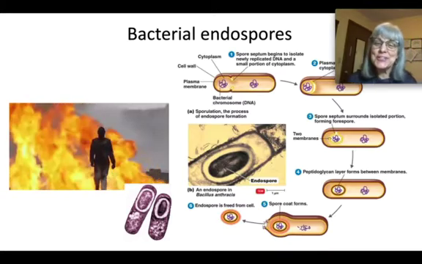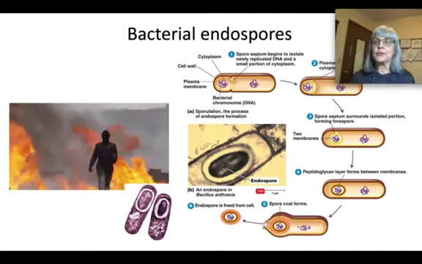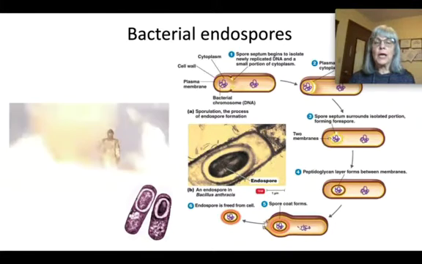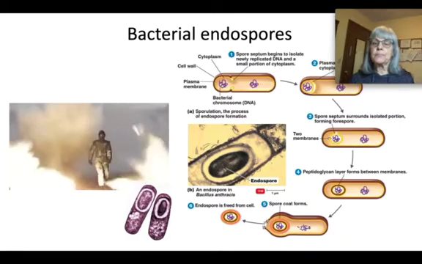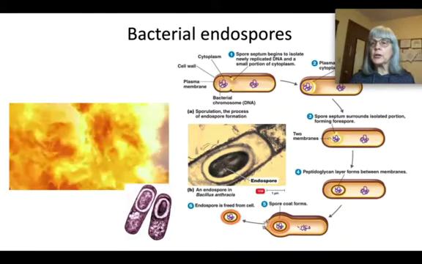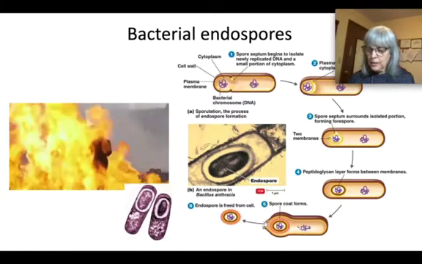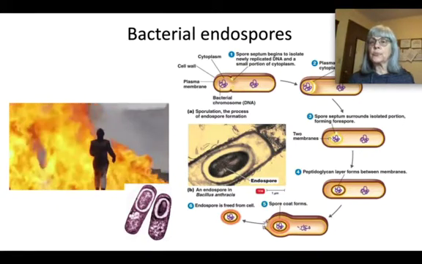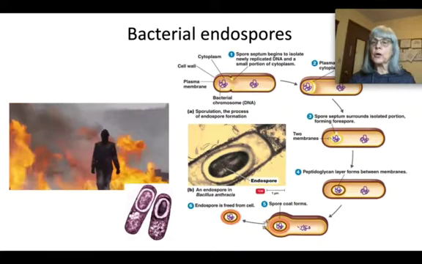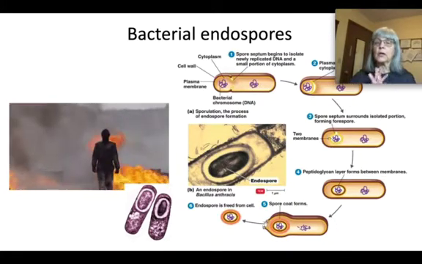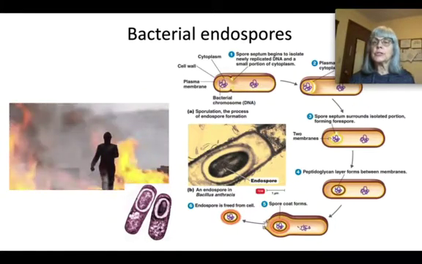It turns into a viable, living bacterial cell. And I know I was talking to you about sterilization in our autoclaves, and I said this is the only thing that will kill endospores, because when this endospore is in endospore formation, it's very, very hard to kill.